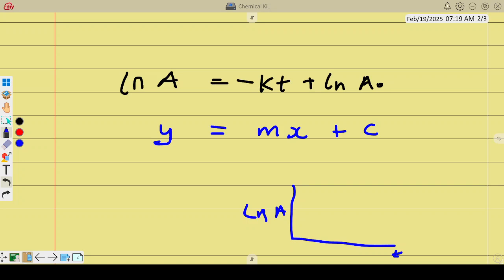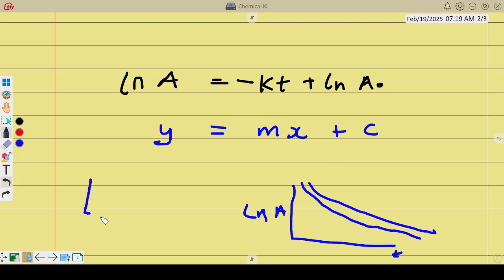They'll tell you how the graph looks. You observe that k corresponds with the gradient m, and it has a negative. So always know that the plot of the first order reaction will always be decreasing. Remember we talked about the rate of disappearance.